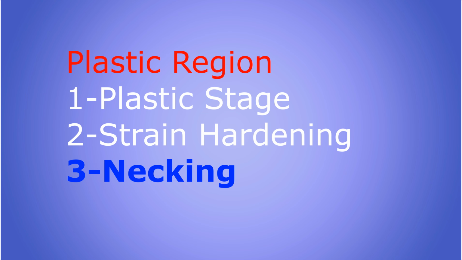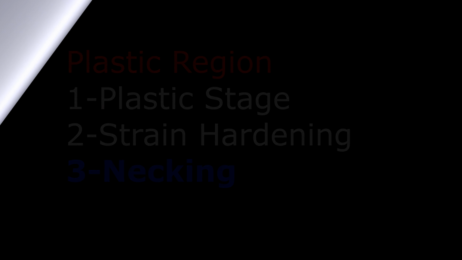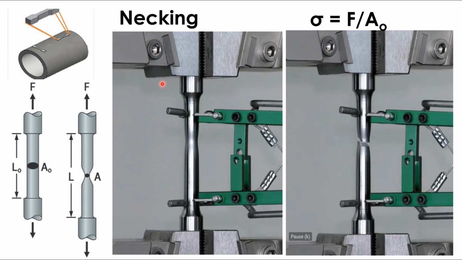Let's discuss necking. After the ultimate tensile strength of the material is achieved, if we continue increasing the load or force, then the diameter of the specimen starts reducing, and this reduction in the area or diameter of a specimen is called necking, as you can see in this picture.